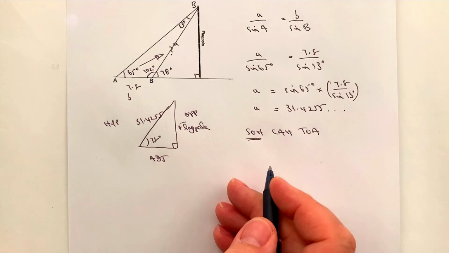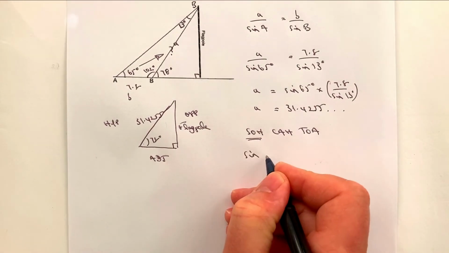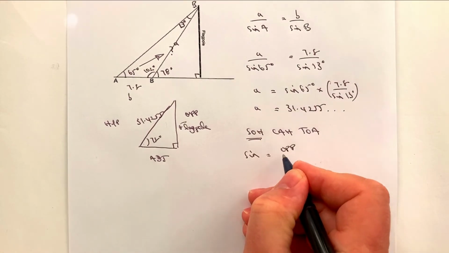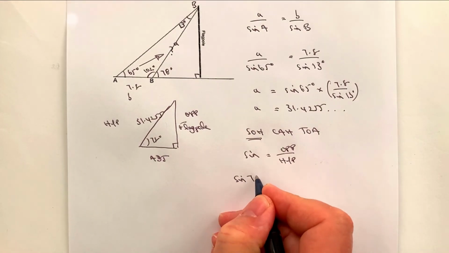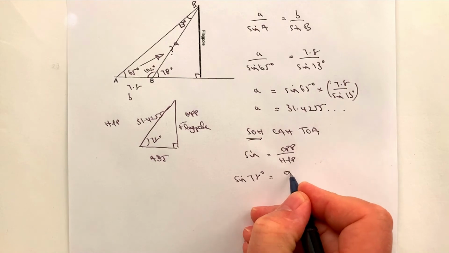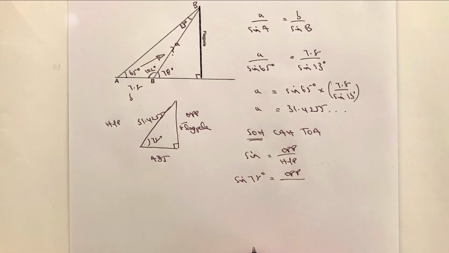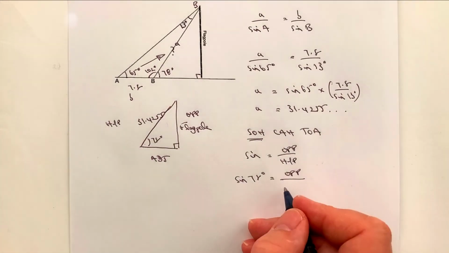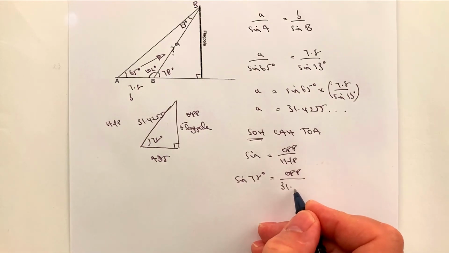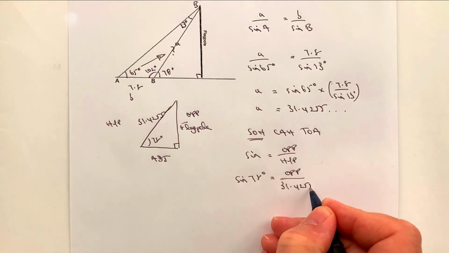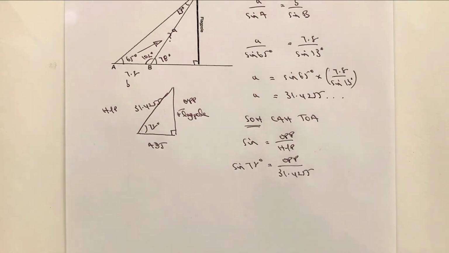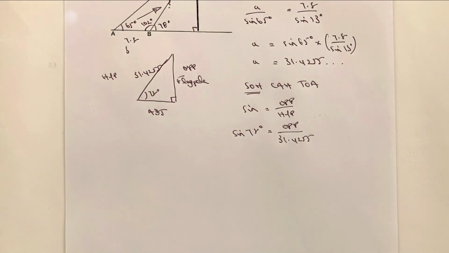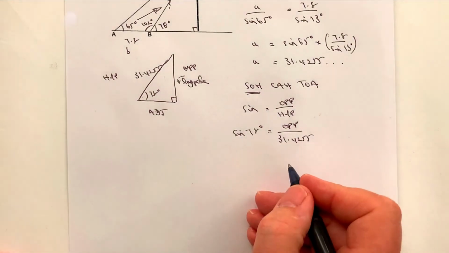So let's put in the numbers. The sine is equal to the opposite over the hypotenuse. The sine of 78 degrees equals the opposite, which you and I know is the flagpole length, over the hypotenuse, which is the one we've worked out, 31.4255. I now need to make the opposite the subject of the formula, so I multiply both sides by 31.4255.